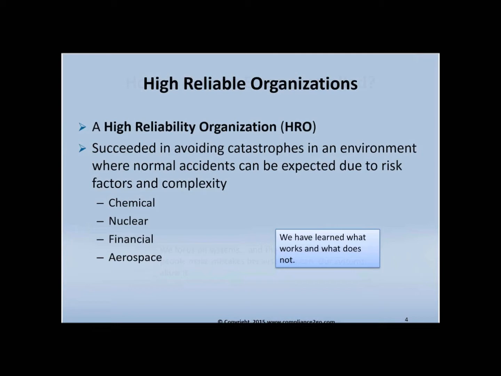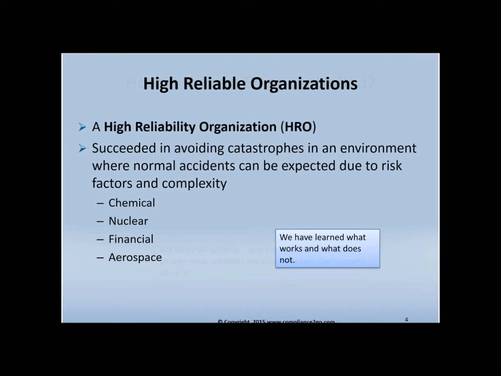These are very similar to chemical plants, nuclear power generation plants, financial, aerospace, refineries, all of these types of industries in which they apply the human error investigation program, not necessarily for a quality-based error, more like a safety-related error, but still they have a very good process and very good methodology for doing this.